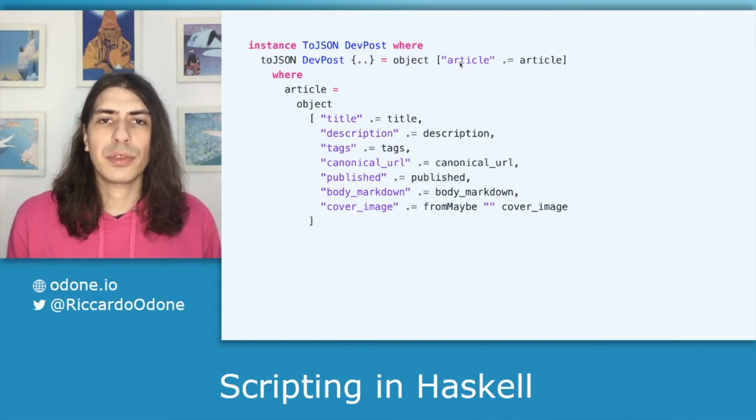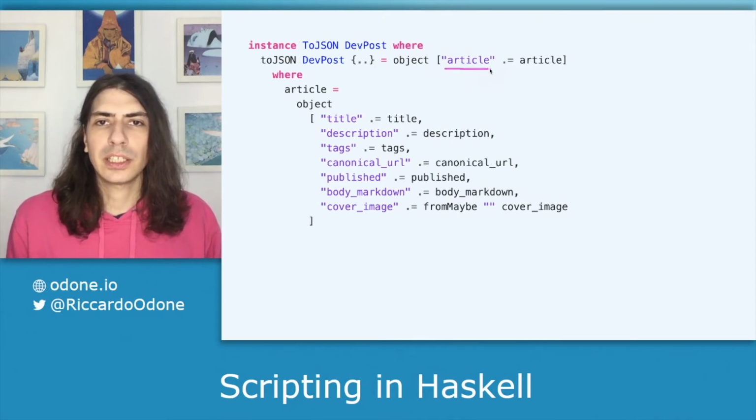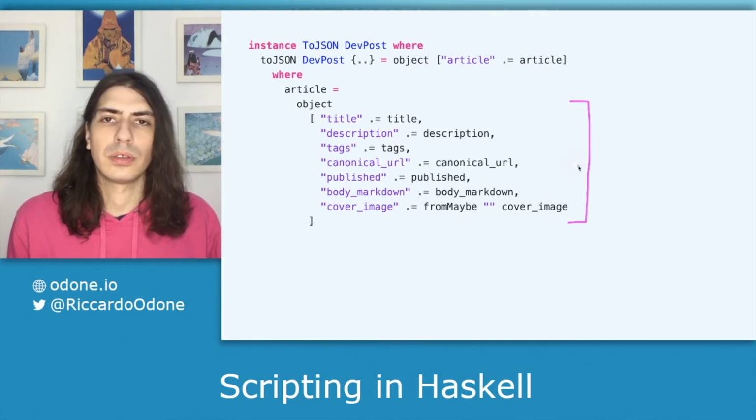And here we say that when we need to serialize a value of type DevPost, we create a JSON object with a root key article. And article is going to be an object which has the following keys that are filled with these values here.